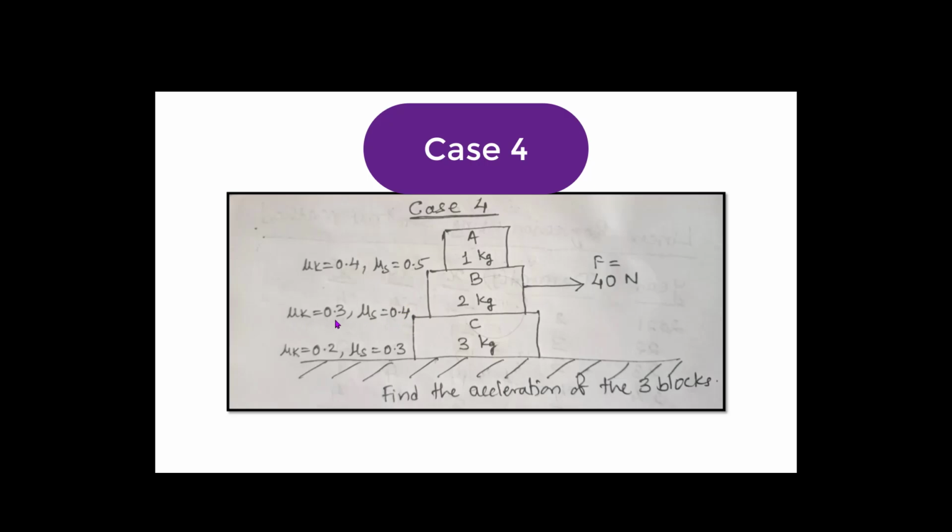So we need to find out what is the maximum frictional force which this force needs to overcome. Obviously, why not the other ones? Because for this we need to understand what is the horizontal direction force which starts acting on block C. Right now, this force is acting on block B only.